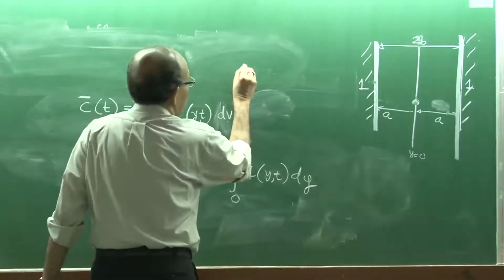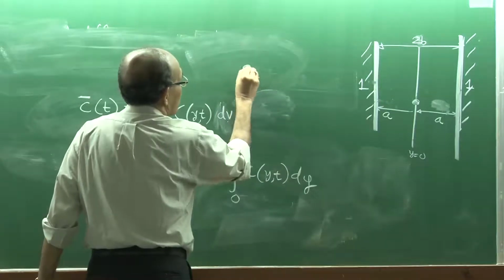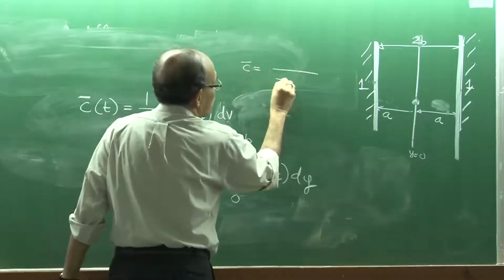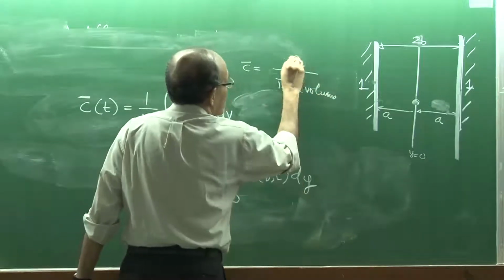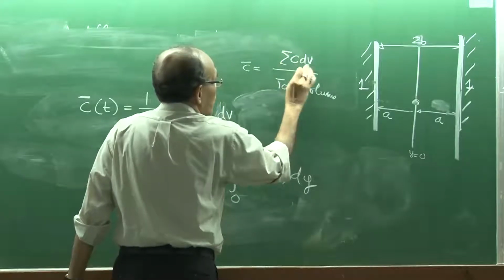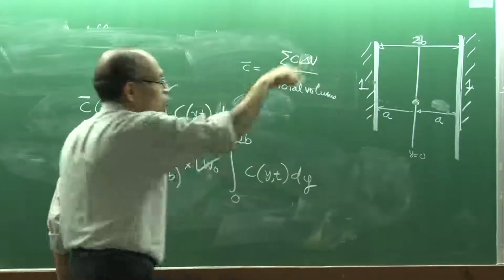Actually, if you say that this is in numerical form, we say that it is one over the total volume, and C into dV, delta V, and summation over the entire volume.